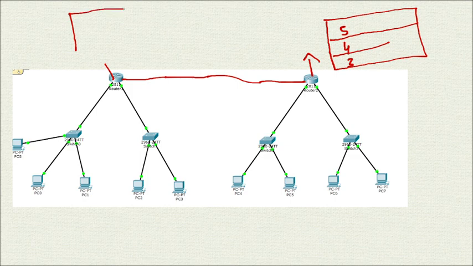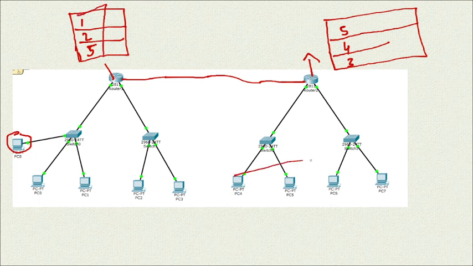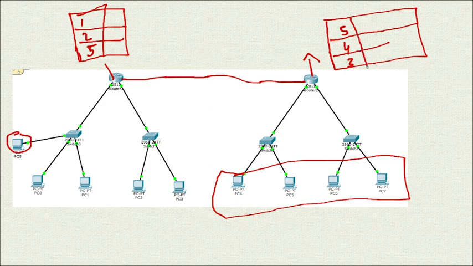So here the routing table has the data of 1, 2, and then 5, right? So these networks are reachable. These devices can reach only these networks, and all these devices reach only these networks, fine.